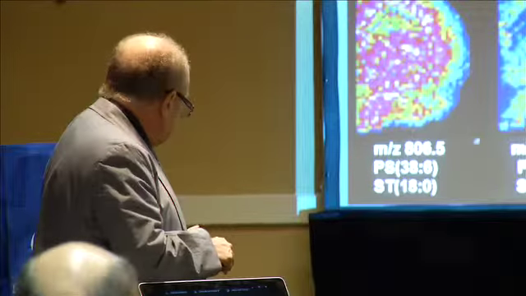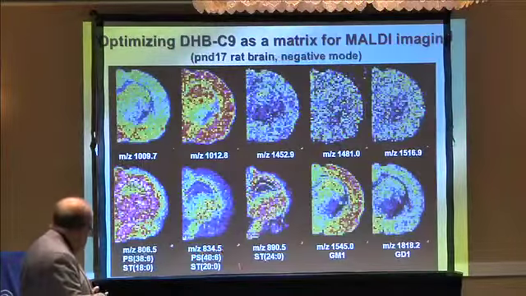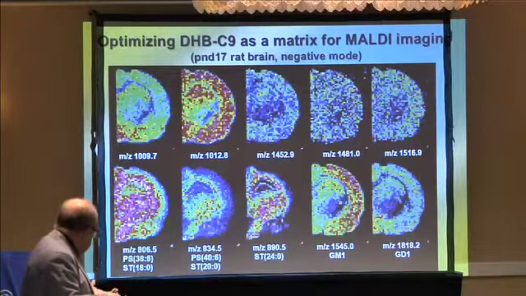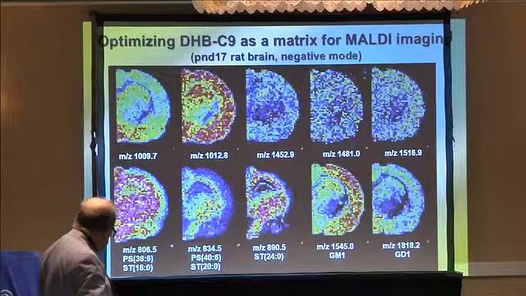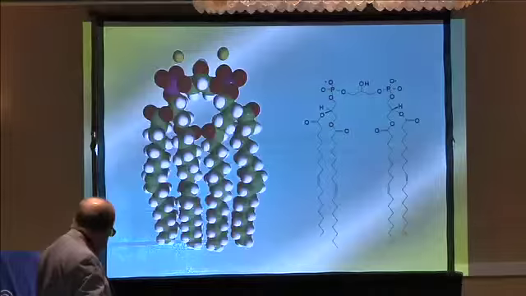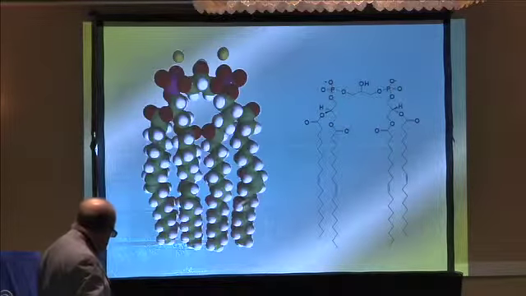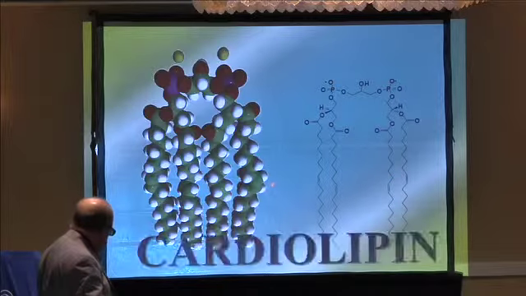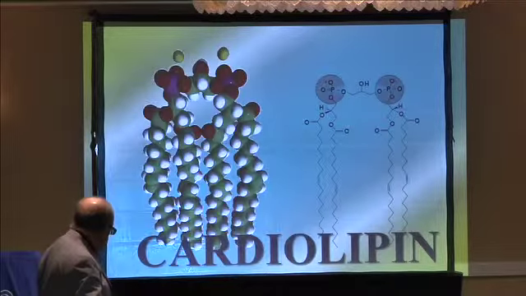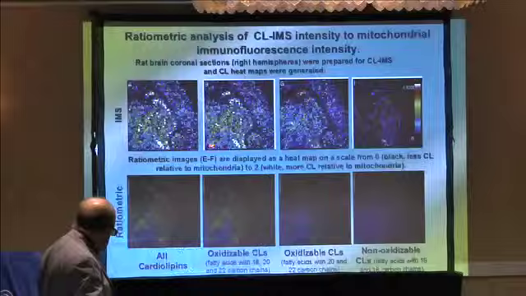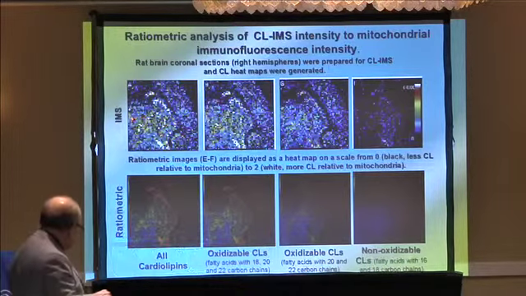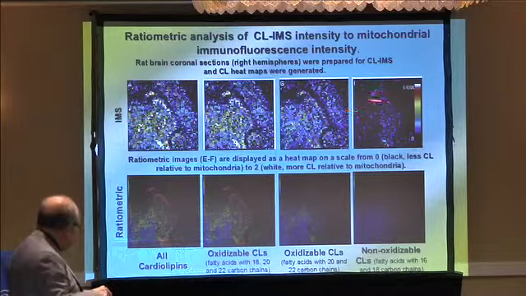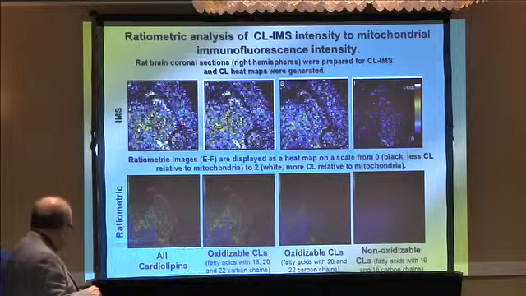You can do it for phosphatidylserine, sulfatides, gangliosides, and so on. So how about cardiolipins? Until recently, cardiolipins were not quite prone to this type of analysis, but with a few modifications that we have been able to perform, we can now see the distribution of cardiolipins on tissue sections as well.